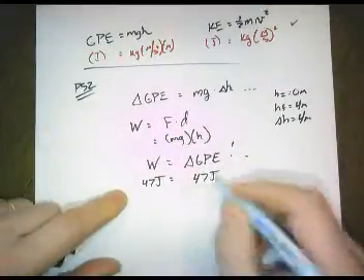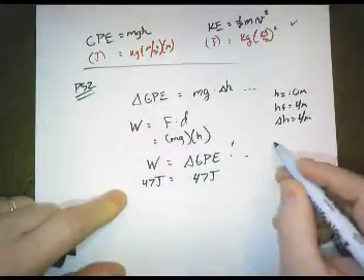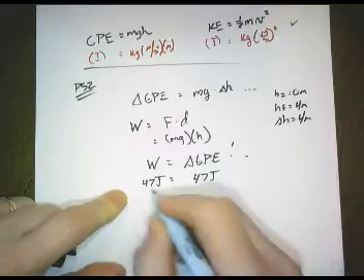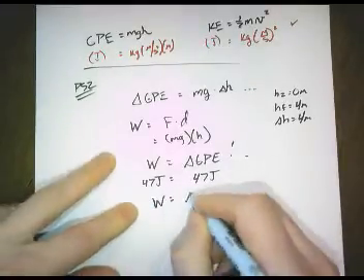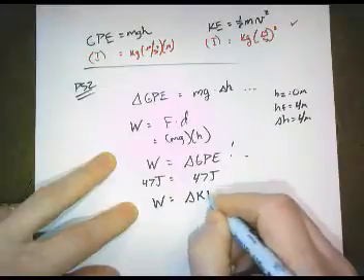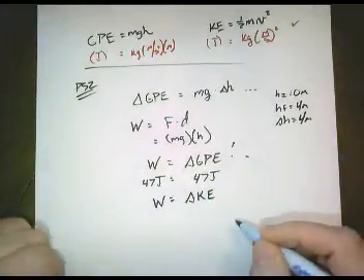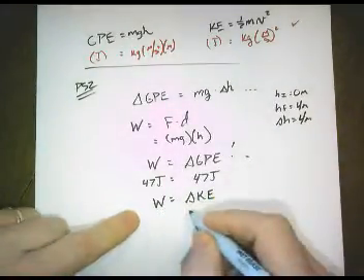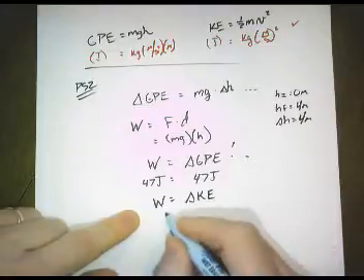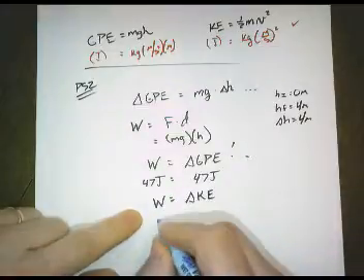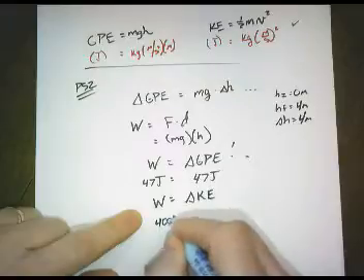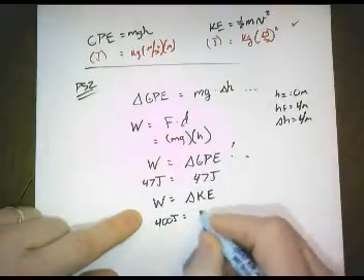Okay, likewise, maybe you don't lift something, but you accelerate something. Likewise, work would be equal to a kinetic energy change. So in some other case, if you hit the gas and the engine does 400 joules of work, what was the kinetic energy change?